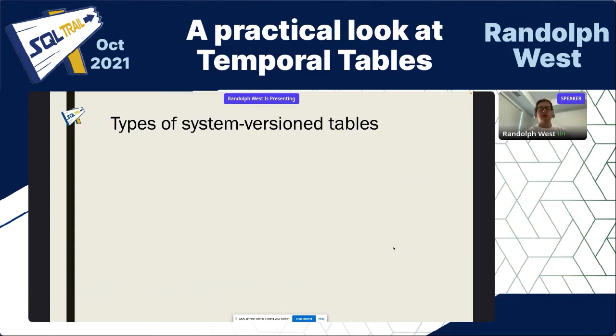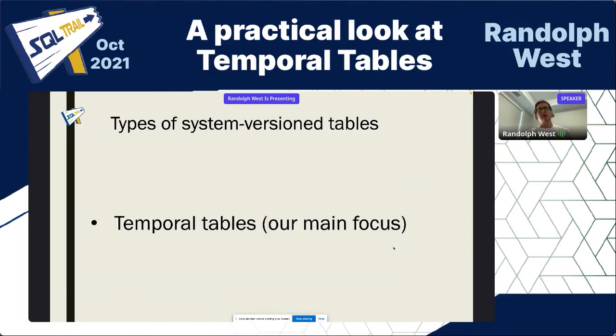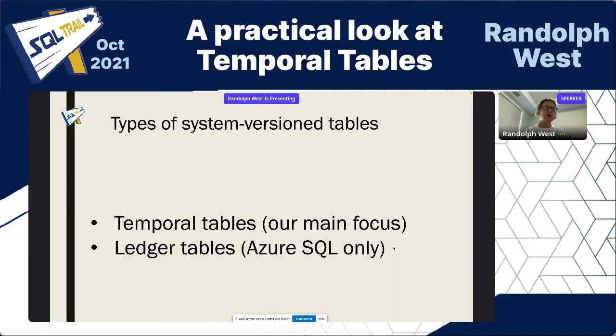I don't know, because even the MVPs don't know, but we would expect to see both of these system versioned types made available in the boxed product. But for now, temporal tables are the only one that are in SQL Server and Azure, whereas ledger tables are Azure SQL database only. I will briefly talk about ledger tables.